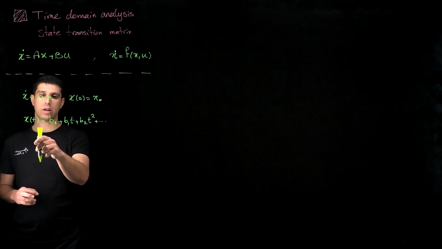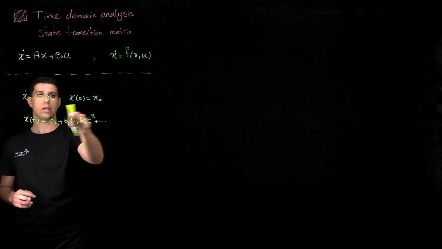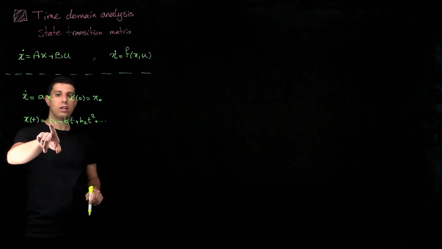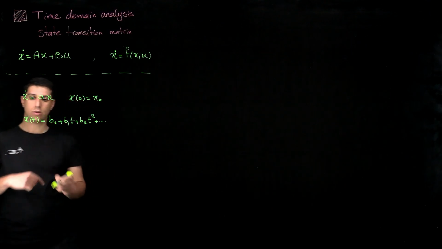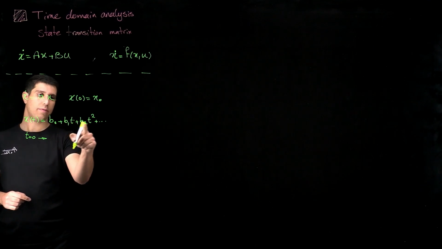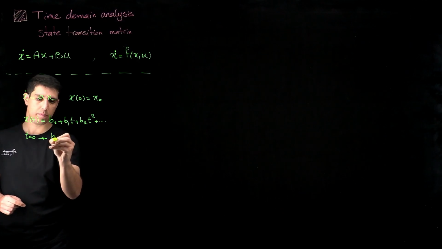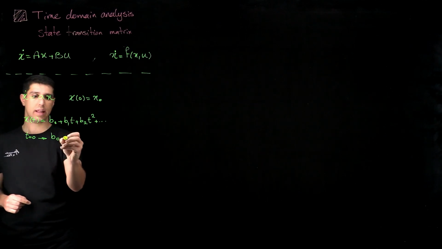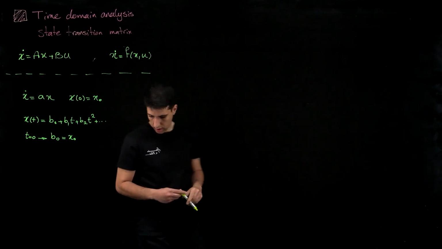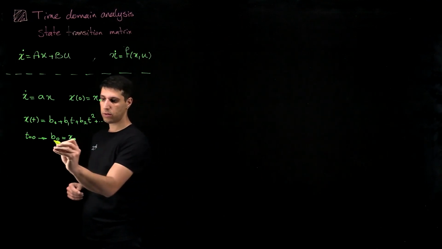Now the question becomes, what are the b values that satisfy this equation? So the first one, b naught, is easy. If I put t equals 0, all of these ones that have time in it will be 0, so the only thing left is b naught, and that is my initial condition, x naught, right? So that's good. At least I have one of those.